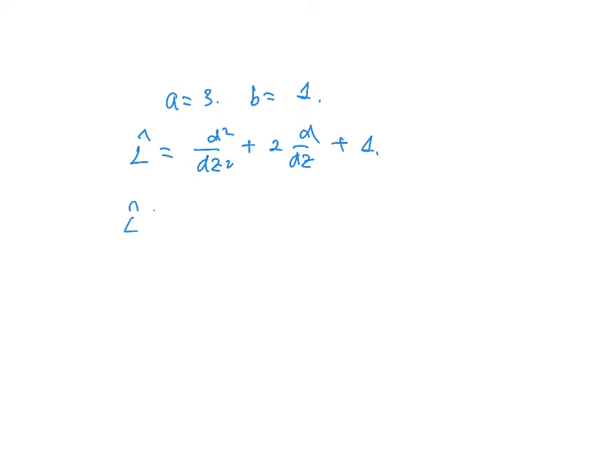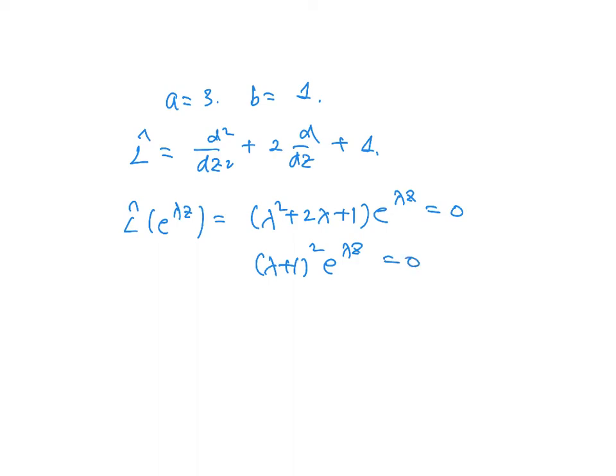So L exponential lambda z is lambda squared plus 2 lambda plus 1 times exponential lambda z is equal to 0. So lambda plus 1 squared times exponential lambda z is 0. So we can apply the same analysis.